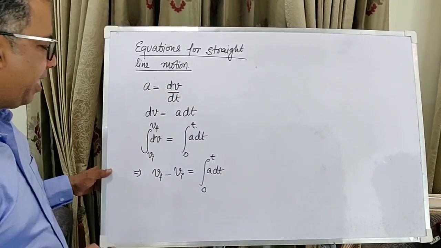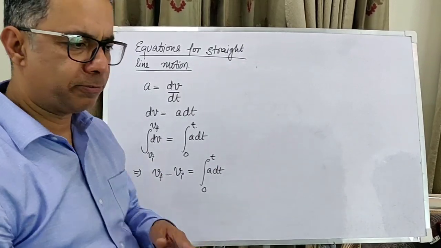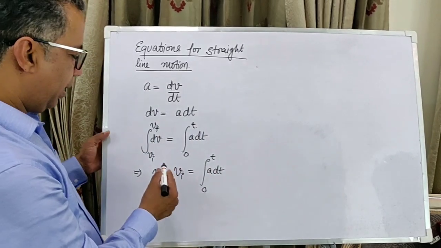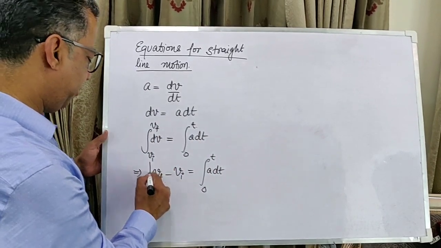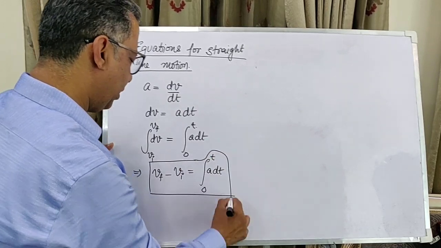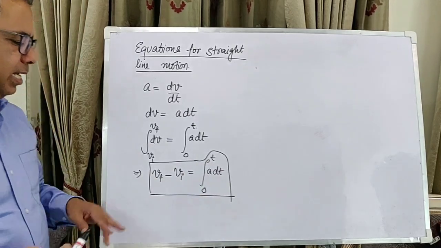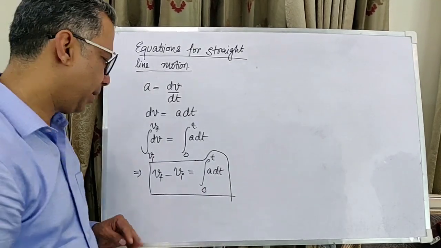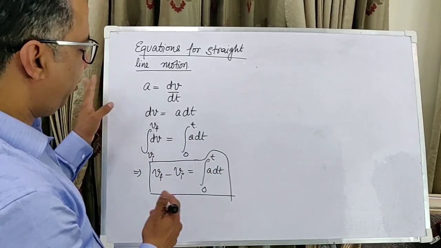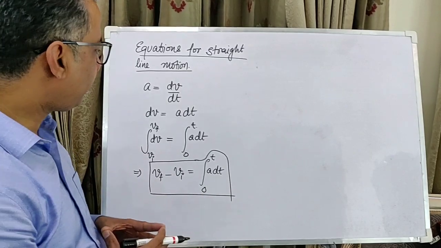Since I've gone fairly fast through this, of course, you always have the option of pausing and repeating what I just said. This is the first equation that we get. The change in velocity equals the integral of a dt from 0 time to t time. So that's the first equation of motion. We require integration to arrive at this.